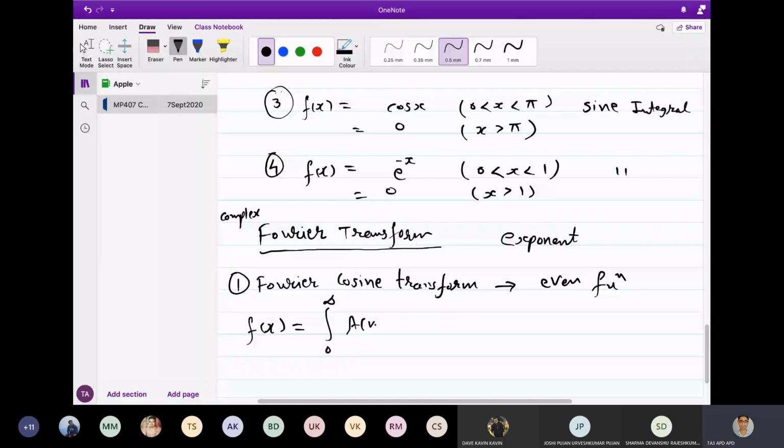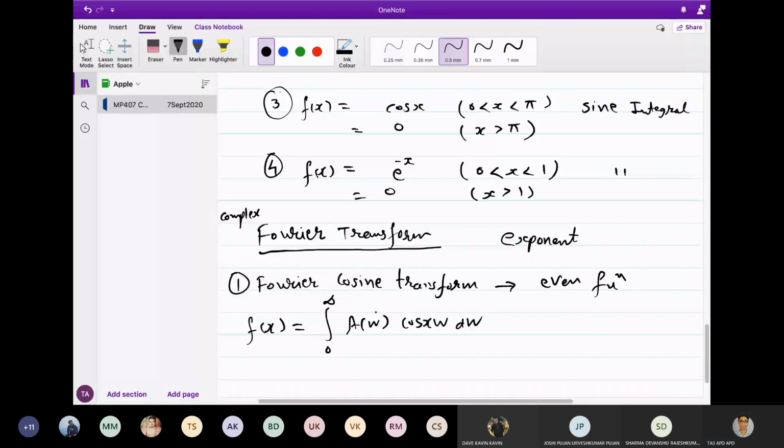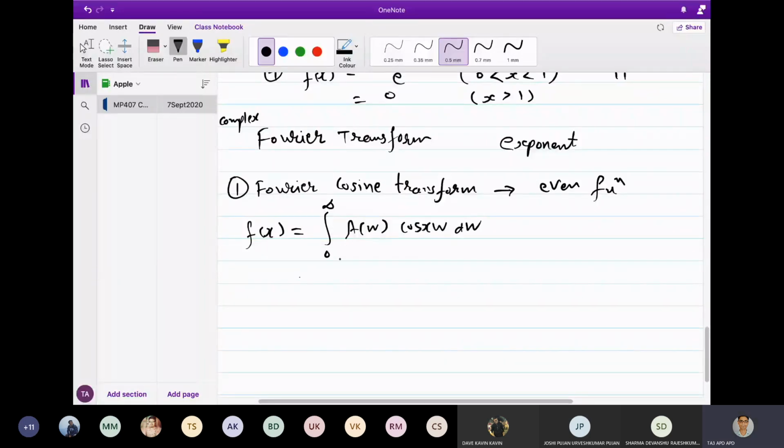In this particular example, we simply make the transition. So in this, A is equal to 2 over pi integral from 0 to infinity f of v cos wv dv.